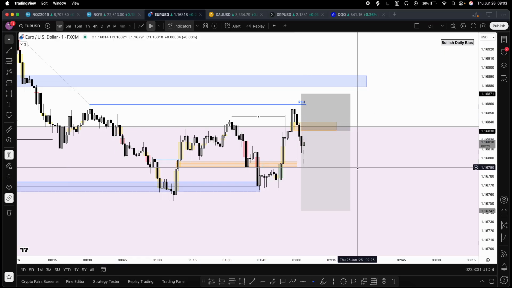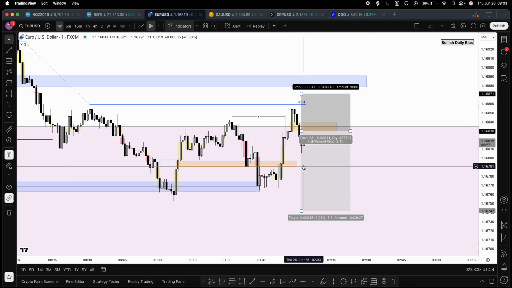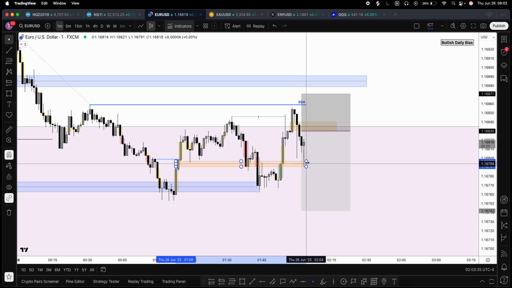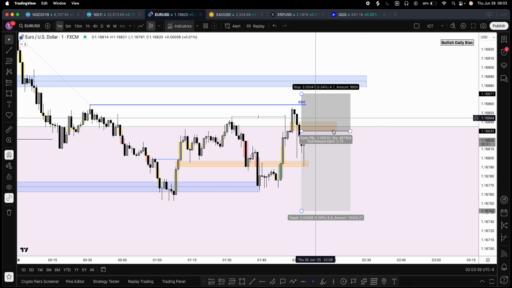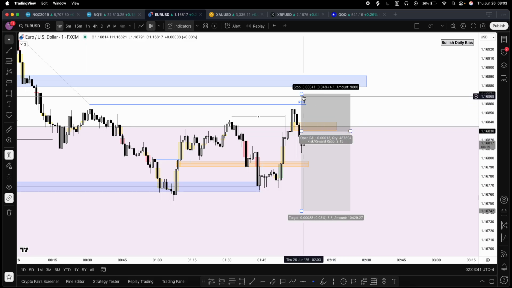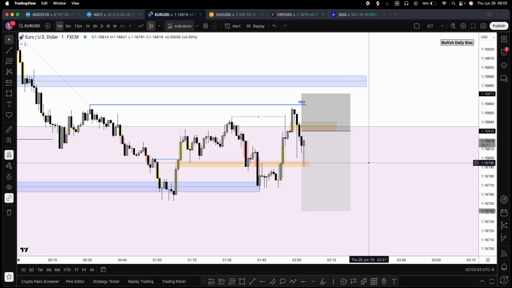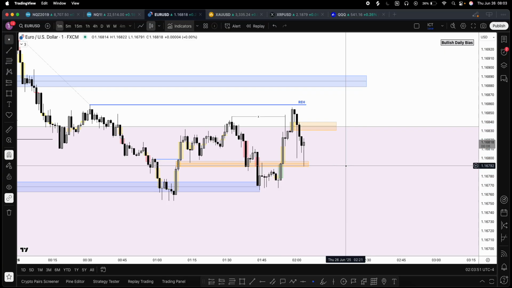So I would not be happy to consider that price won't sweep these relative equal highs, and having our stop above there is obviously dangerous. So I would not take that.